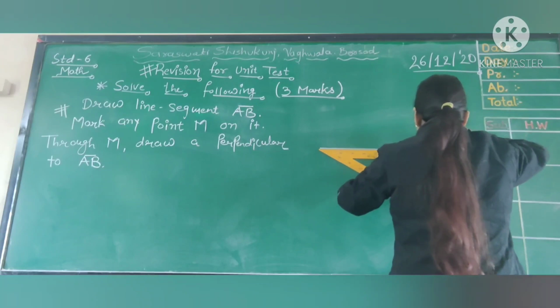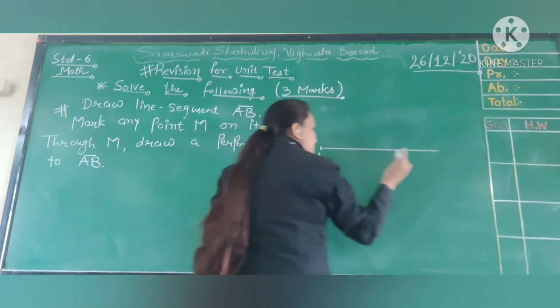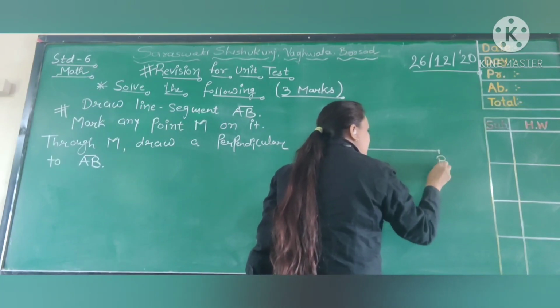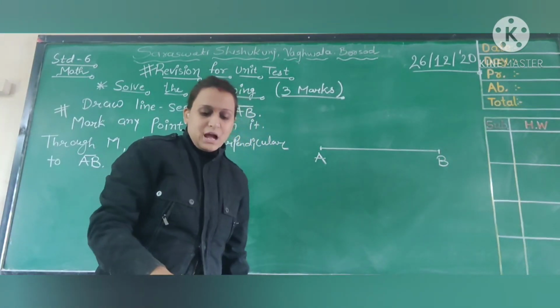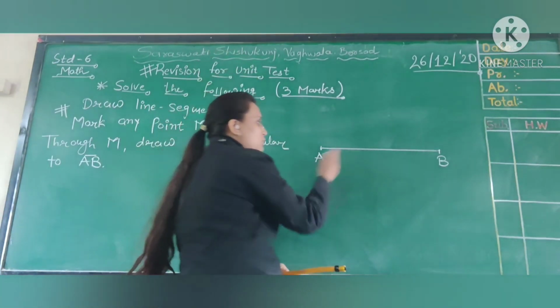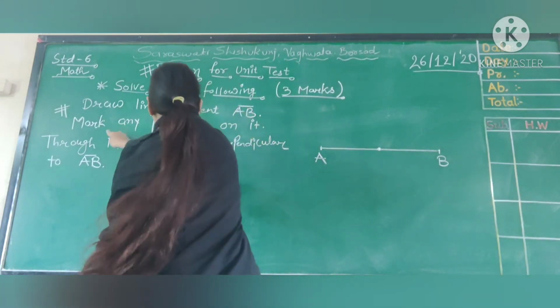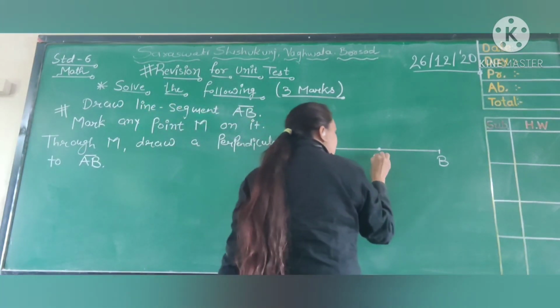So first we have to draw a straight line and name it A and B. Now with the help of a compass, first we have to take any point on the line segment. So we take point M on line segment AB.